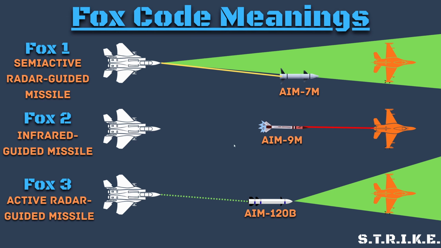At that time you could break away and the missile does not need guidance. You can update it more, with hard locks and stuff, to give it better information, but you can break away and let it use its seeker. That is the FOX code meanings, guys. Hope that helped. We're going to jump to the next one, though.